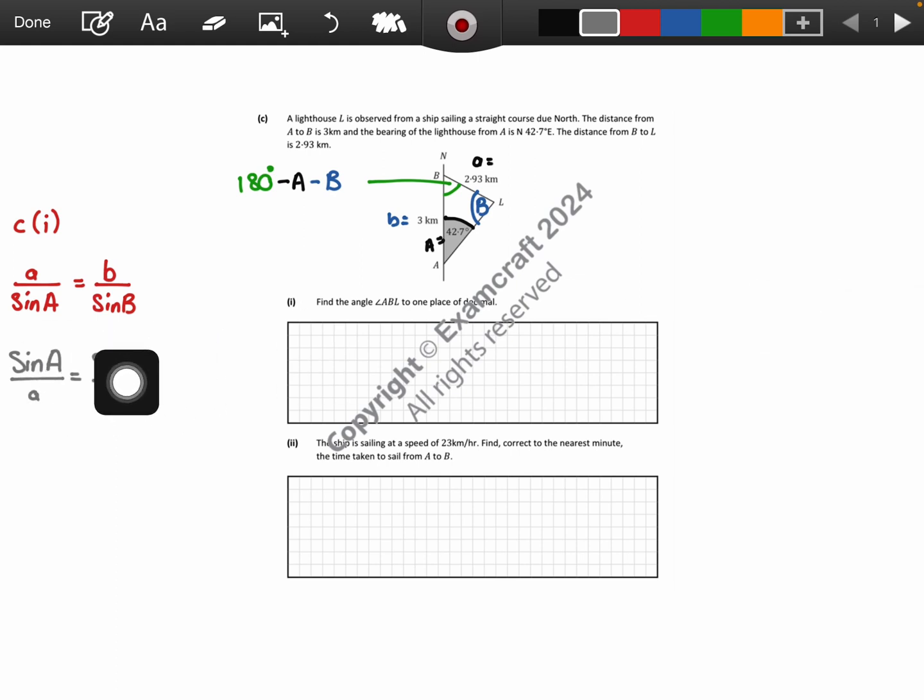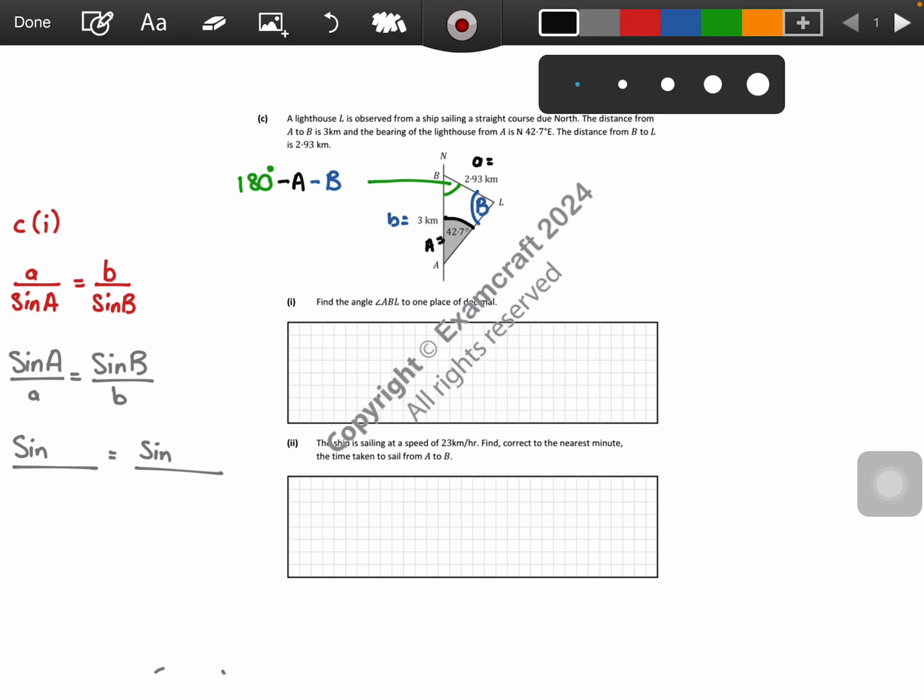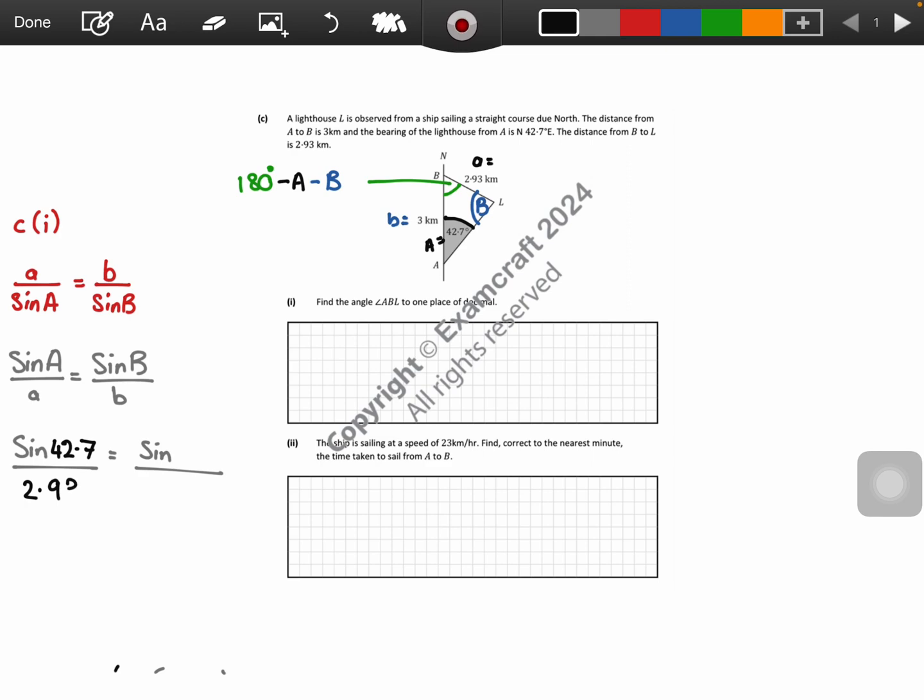So I'm going to use this formula here that's in grey, and I'm going to sub in for my different things. Okay, so I'm going to have sine of my angle over the opposite side is equal to sine of another angle over the opposite side. So the A's first, my angle A is 42.7, and then my side a is 2.93. And then sine B is what we are looking for, and the side length there is 3.